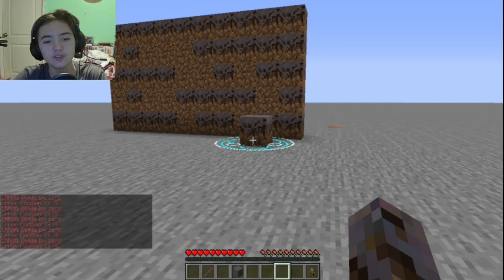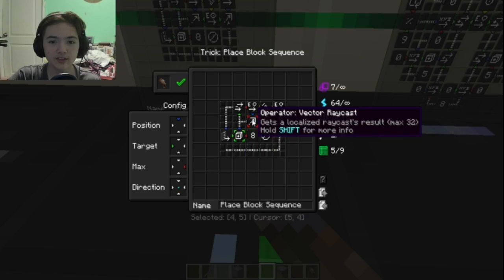This is to create a basic wall like I did outside. You have your trick block sequence. It places a sequence of blocks along a direction of a given vector. Now, its position, which is going to be a vector, is going to be from the vector raycast.